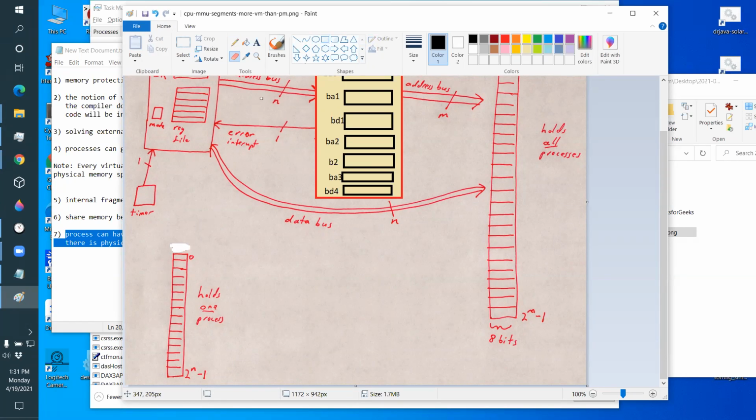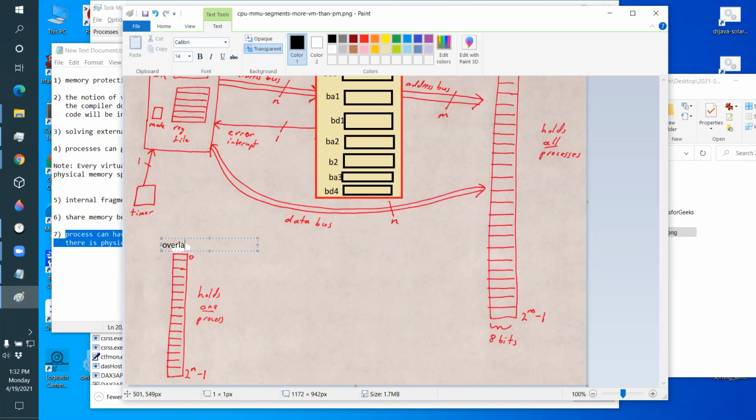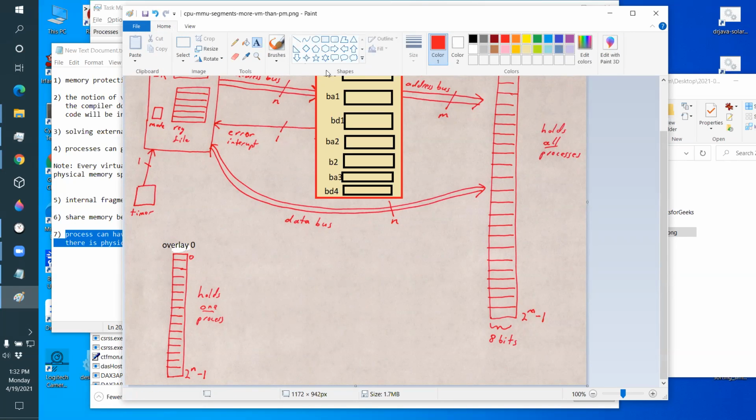Call that overlay 0. And then I'll have another virtual memory space, but I'm going to call them overlays for now. So here I'll have another virtual memory space and a third one, say. I'll refer to these as overlay 0, overlay 1, and overlay 2.